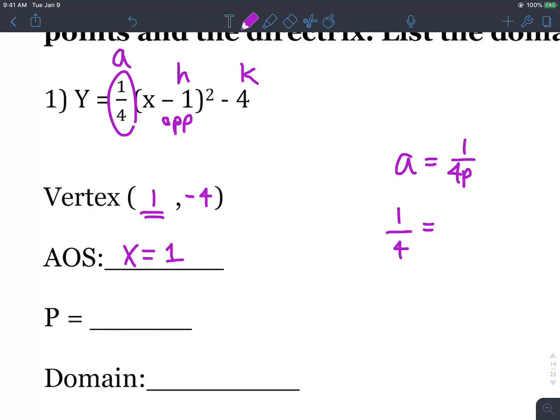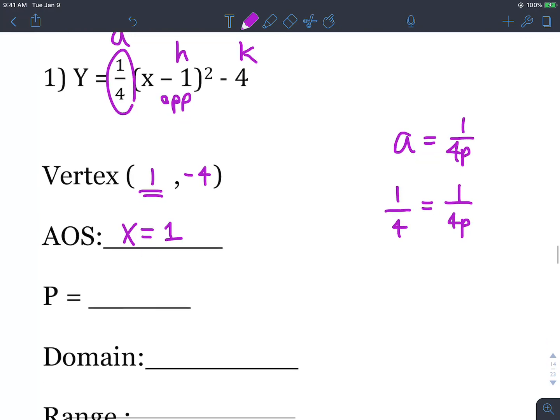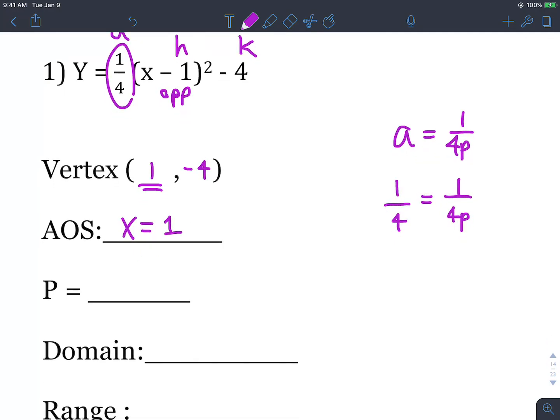So I'm going to say 1/4 equals 1 over 4 times p. And then you guys learned in Algebra 1, and maybe even before that, to solve a proportion like this, we cross multiply. 1 times 4p is just 4p. 1 times 4 is equal to 4. And then we divide, and that's going to tell us that our p distance is 1.